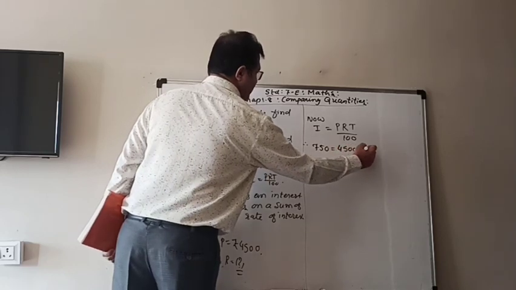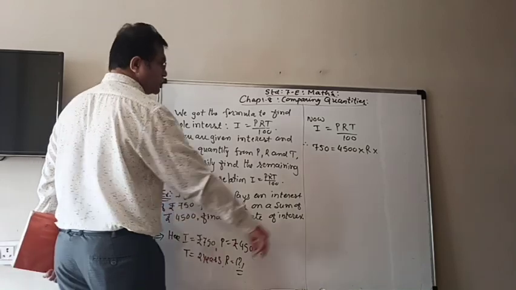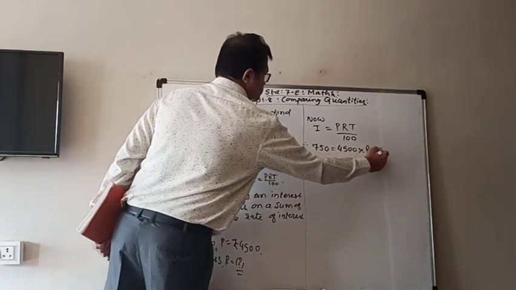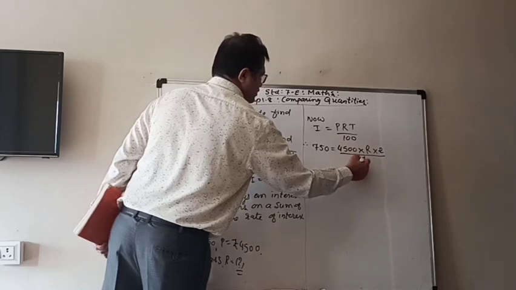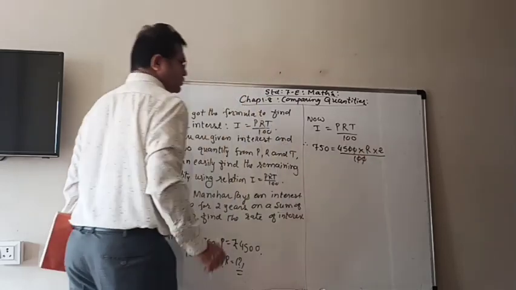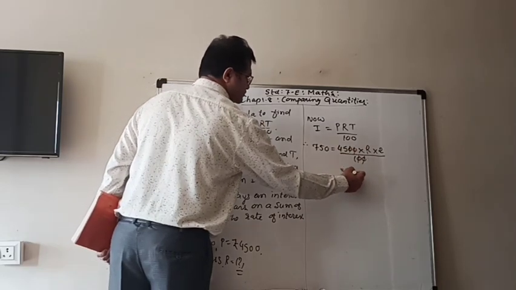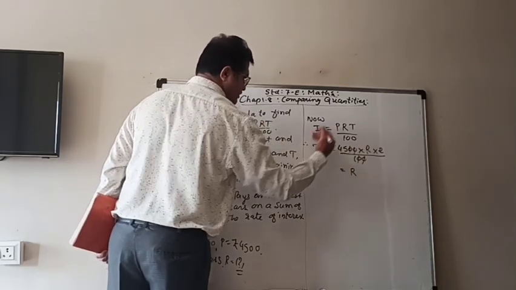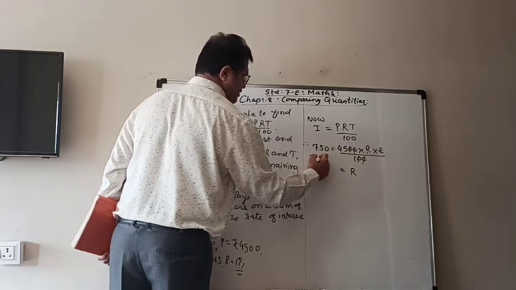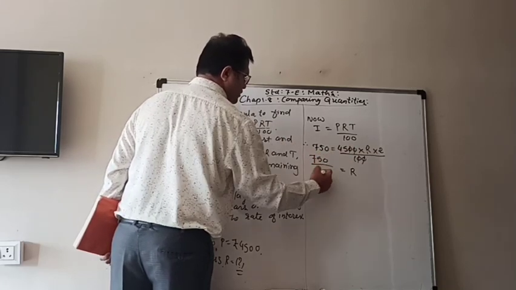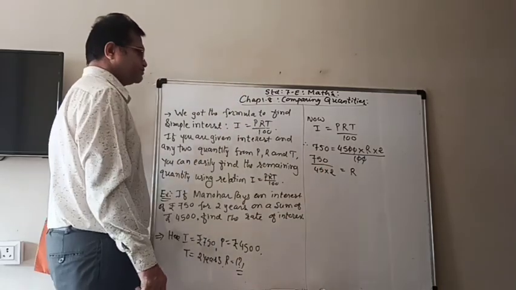R is not given, we have to find, and T is equal to 2, upon 100. Now we will keep R here, and whatever is on that side, we will bring to that side. So it is in the numerator, it will go to the denominator. So 750 upon 45 multiplied by 2.